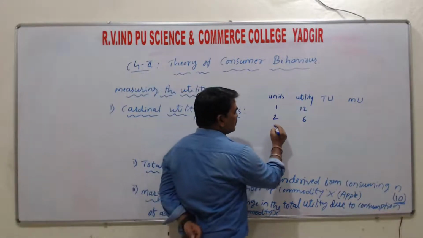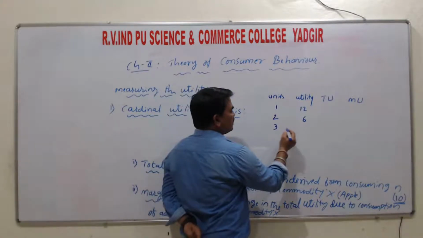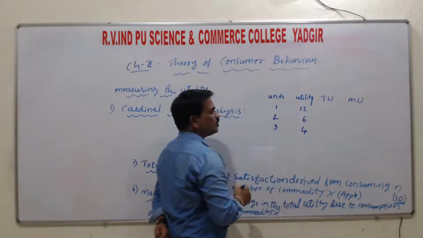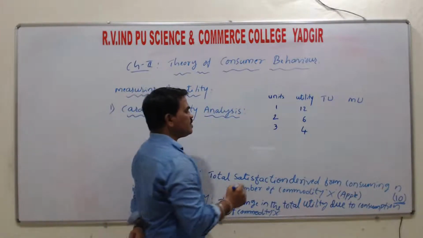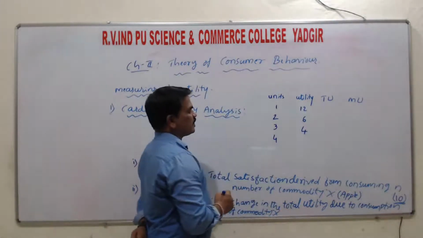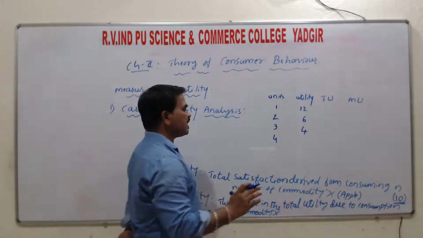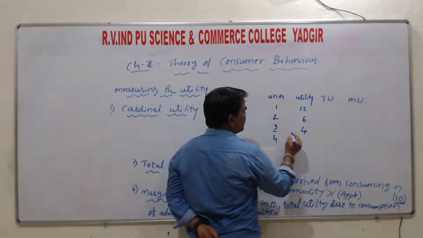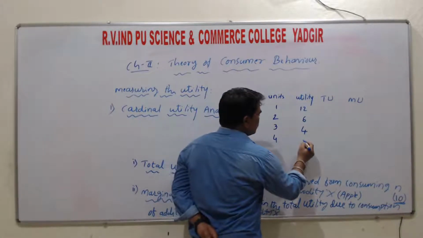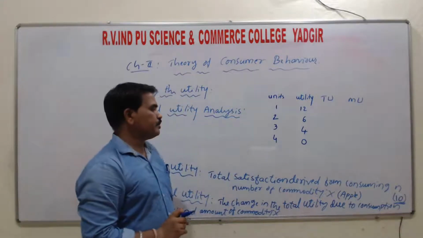Okay, now I'll eat the third apple. When I eat the third apple, my satisfaction level is 4 units. Okay, when I eat the fourth apple, I'm not satisfied because my satisfaction level ends here. I don't want to consume the fourth apple here.